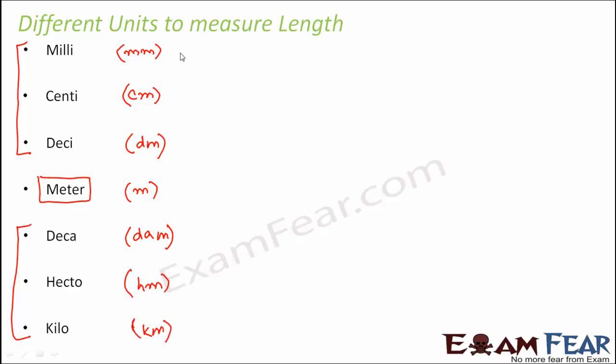If you look at these units, millimeter is the smallest unit and kilometer is the biggest unit. As you move down, the units represent more quantity. Centimeter is a bigger unit than millimeter, decimeter is a bigger unit than centimeter, and so on. That's why it is very important to remember this sequence.